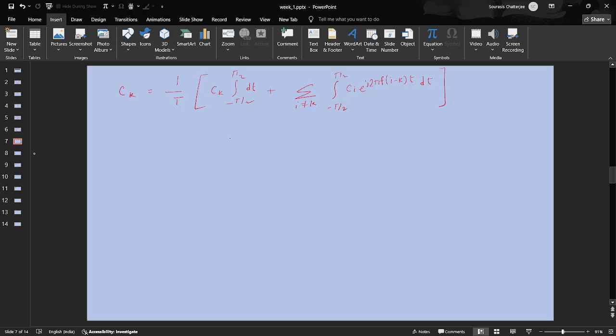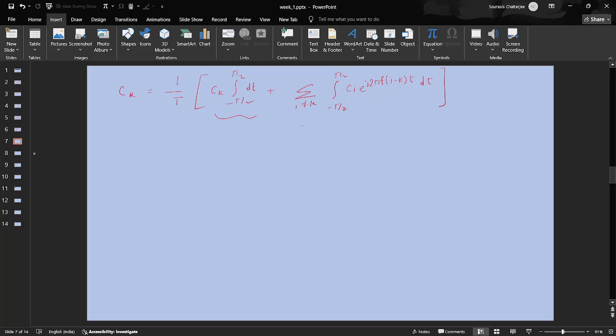As long as the first term is there, I am fine, because this integral would just result in T over 2 minus minus T over 2, essentially T. So that would be c_k is equal to c_k.